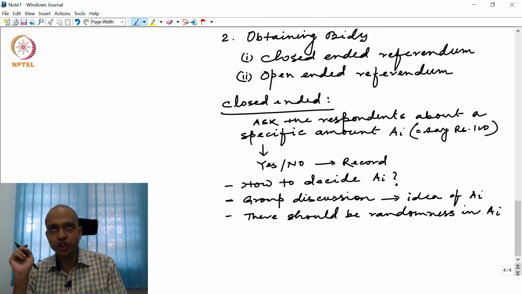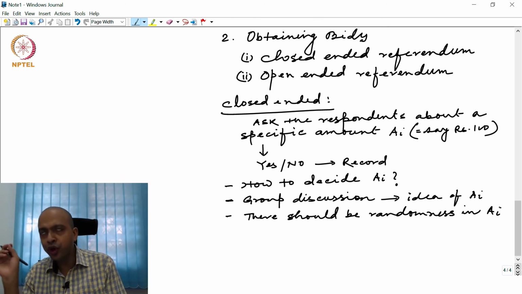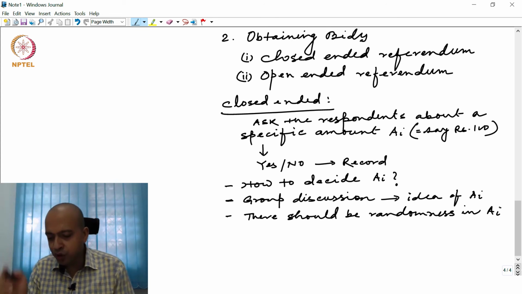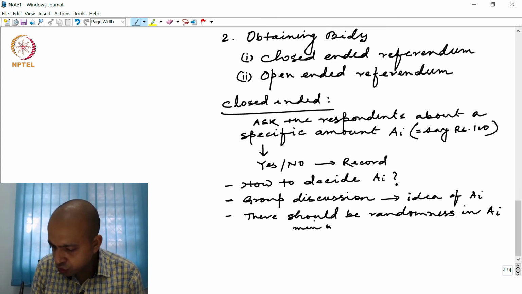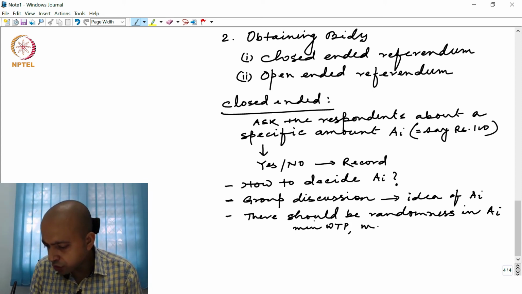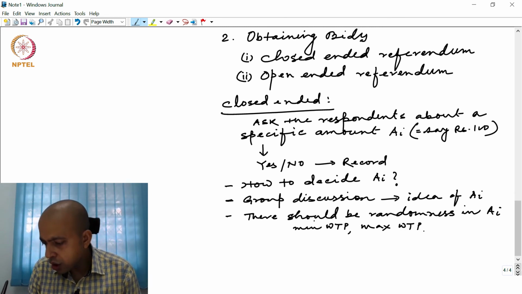From the group discussion, we have to formulate some idea about the minimum willingness to pay, then maximum willingness to pay, and some average willingness to pay.